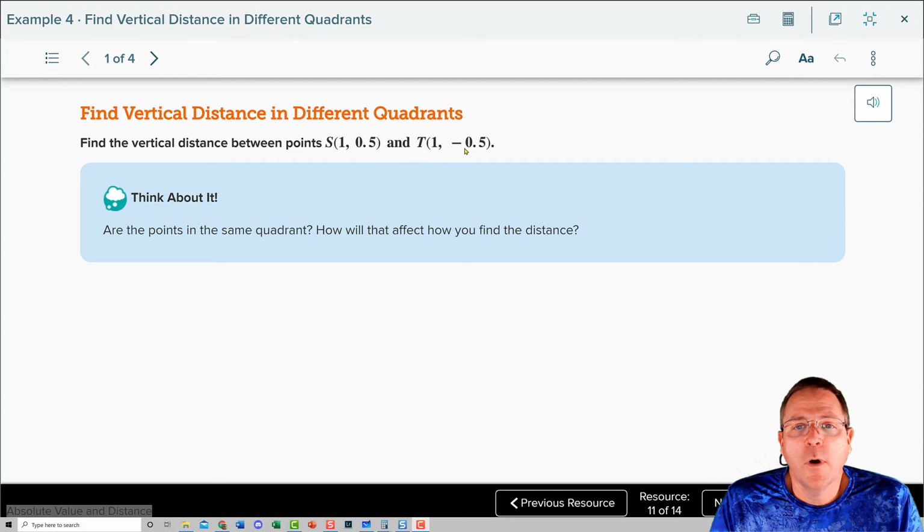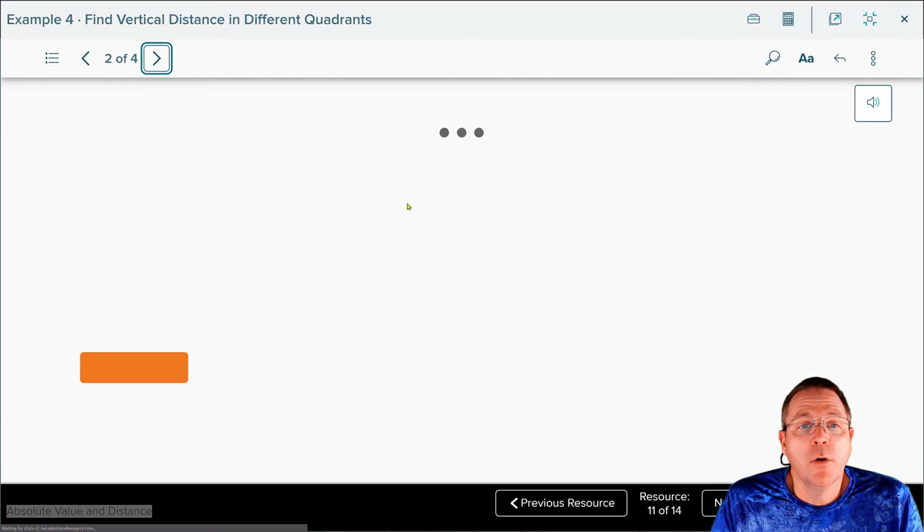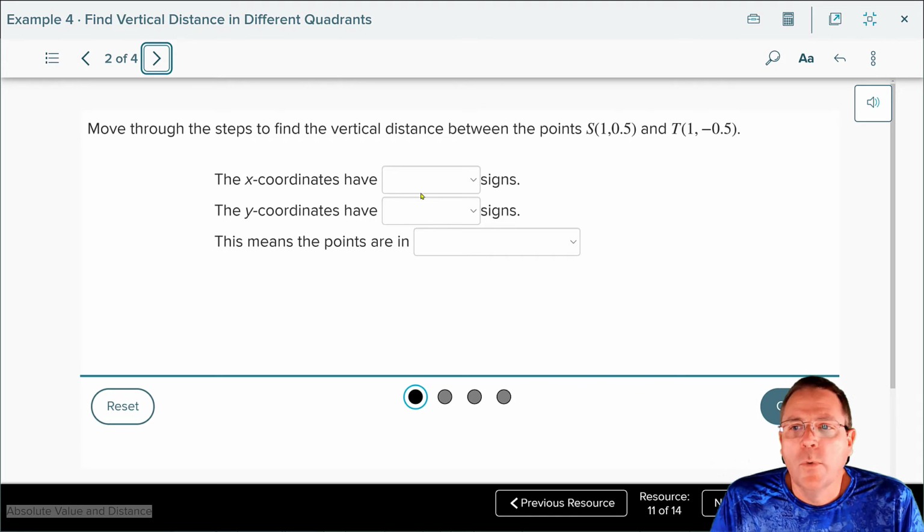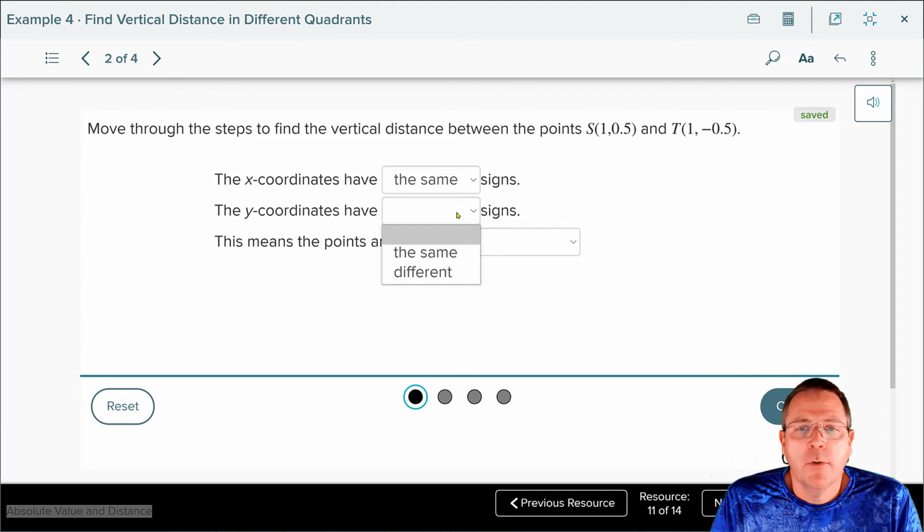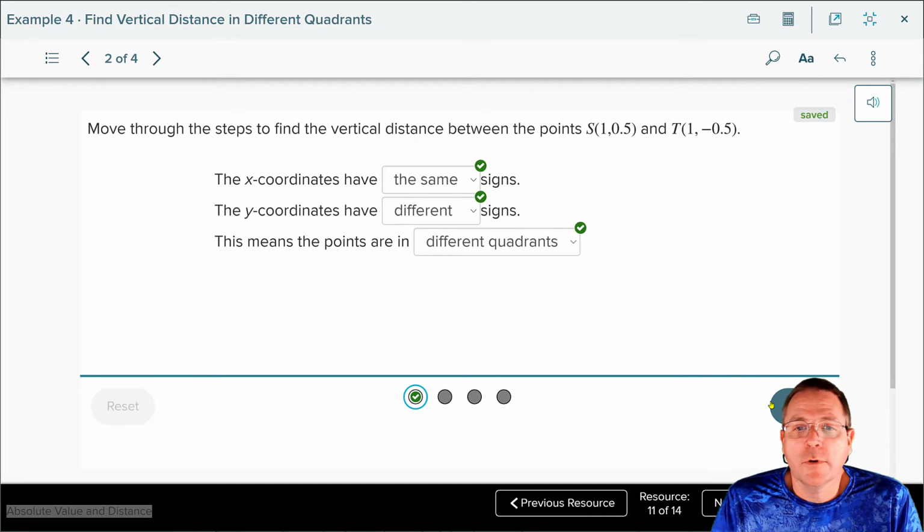In this case, your y values have different signs, therefore you know they're going to be located in different quadrants. So we can say here that our x coordinates have the same sign, they're both positive. However, your y coordinates have different signs. One of them is going to be a positive, one of them is going to be a negative, and because of that, we know that they're going to be located in different quadrants, just like I said they were.